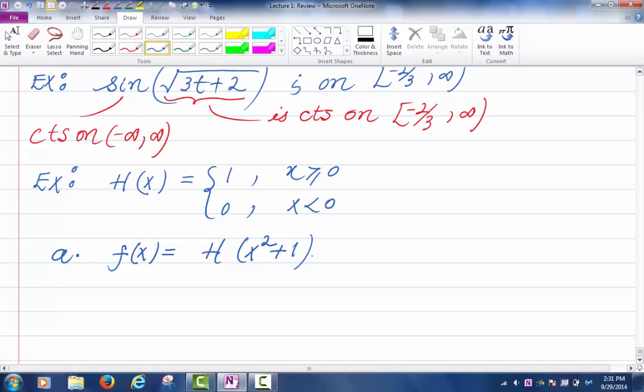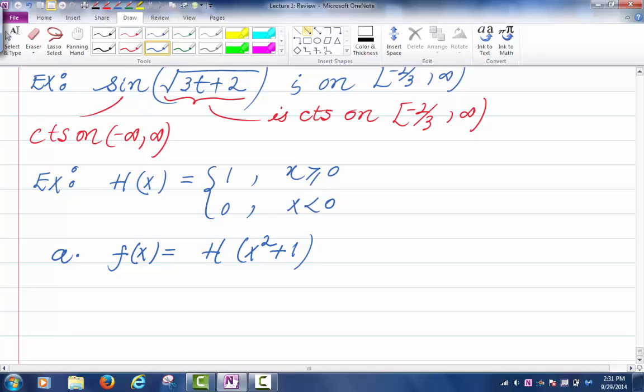I want to know where this function is continuous. The inside function is continuous everywhere, because that's a polynomial, right? The outside function is continuous everywhere except where? Except at 0, right?